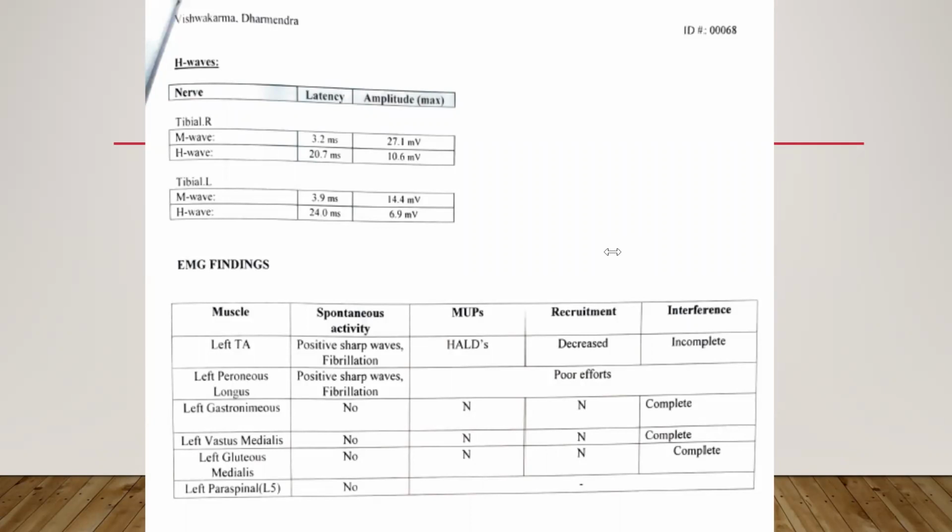No, ma'am, in plexus it will be involved. So gastrocnemius, ma'am, will be helpful. More than gastroc, any other muscle? Yes, tibialis posterior. That is the most important muscle to differentiate that this is a sciatic neuropathy.